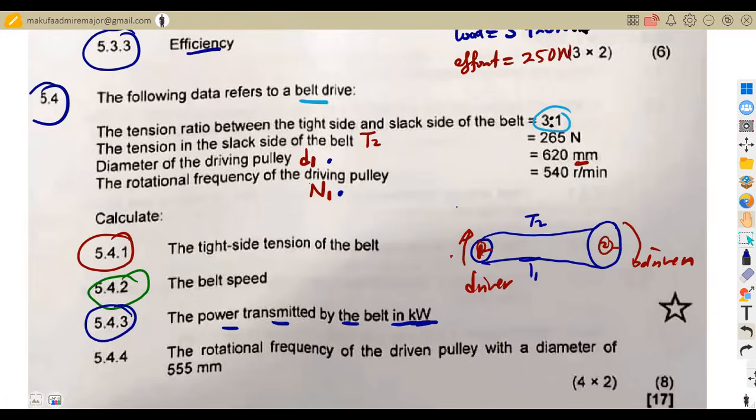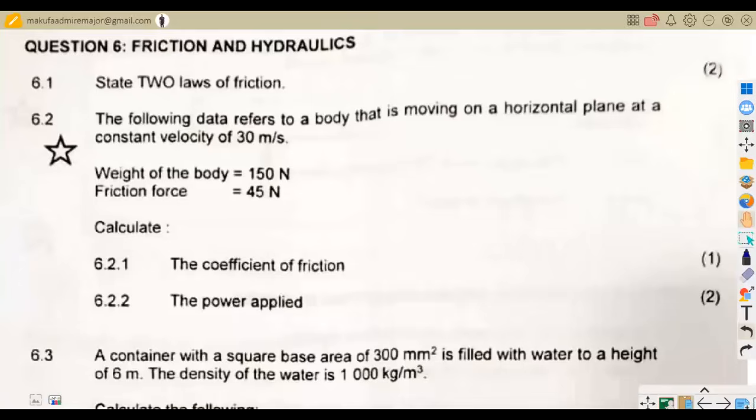If the information is given properly, it's easier for you to determine a formula than if you are not having the information, then you want to find the formula from nowhere. So like I'm saying, please list down the information that you're given. From there, it's going to be easier for you to calculate any value that you are asked to calculate, or any unknown that you want to calculate.